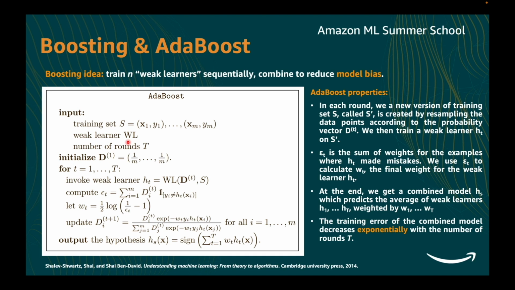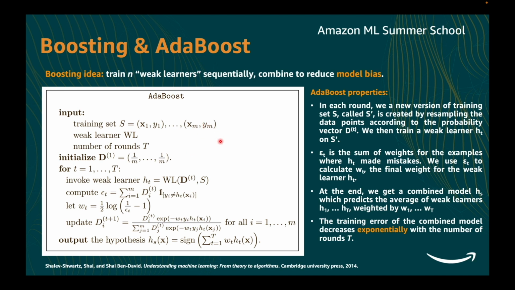You proceed in a number of rounds, in T rounds. What you do is you initialize a vector at the very first round. It's a probability vector, so it's going to have probability values, all of them being 1 upon m, and there are m of these values, right? M here is your number of data points.